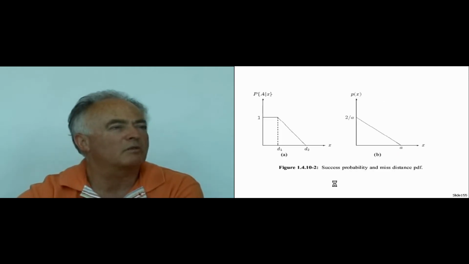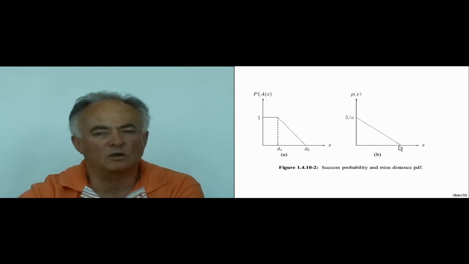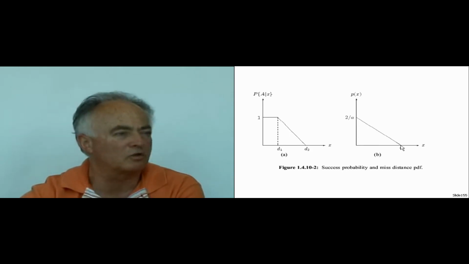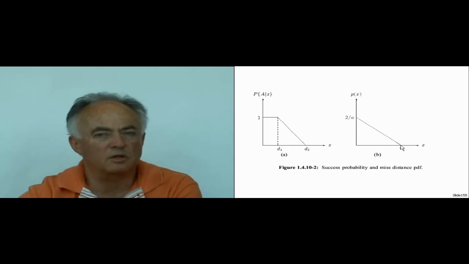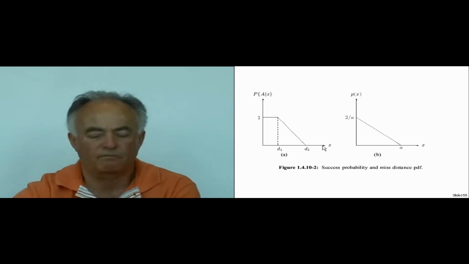So what we have here is a miss distance triangular probability density function. Remember, miss distance has to be positive because it's a distance. And here is the probability of the event A given the miss distance. 1 goes down to 0 at d2, then it stays 0.